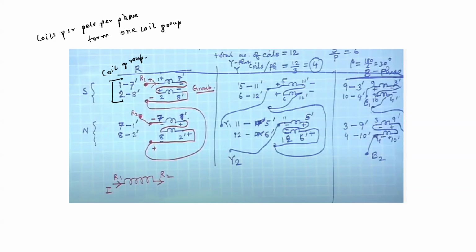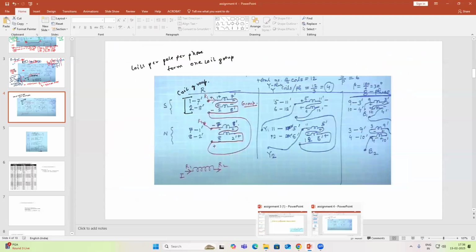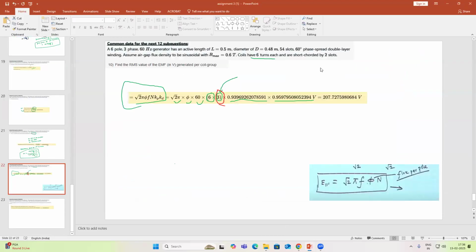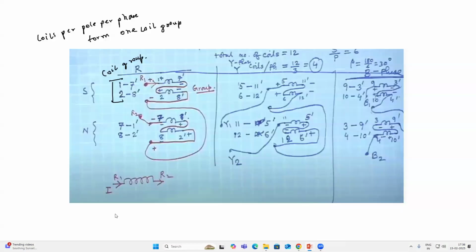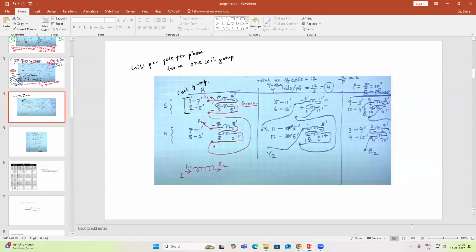In our last class there was something called a coil group, right? Find the RMS value of the EMF generated per coil group. That is why I'm discussing these things, because this question was more related to the present assignment. Then you will see that solving that previous question will become very easy.